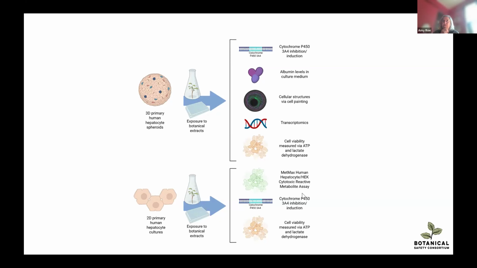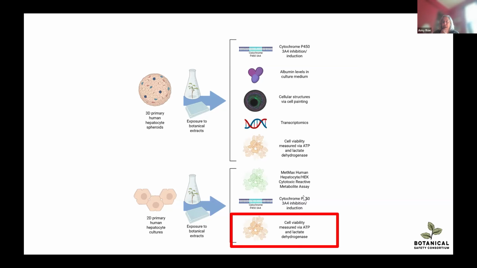You always start with cytotoxicity in order to delineate the appropriate dose response curve that you want to use. But we're also including more modern techniques like transcriptomics and cell painting to look at effects on cell structure. You've heard some of the other working groups are using transcriptomics, but we're using it as well. That's a newer kind of screening tool that we're anxious to see how it works.